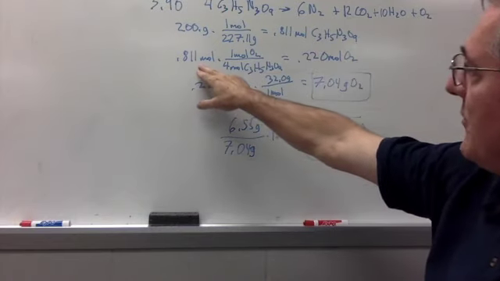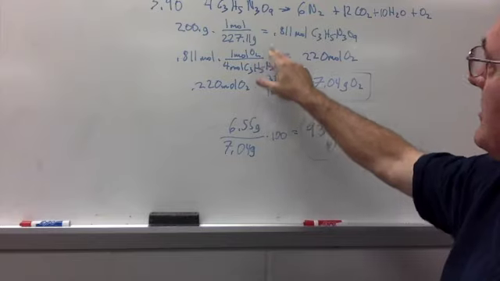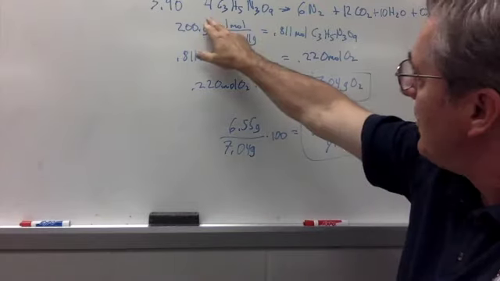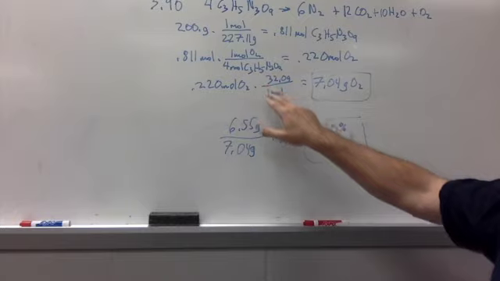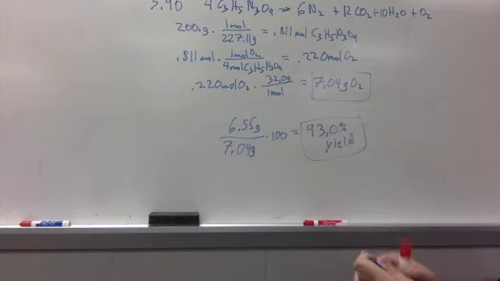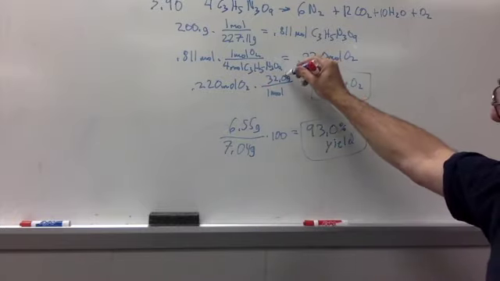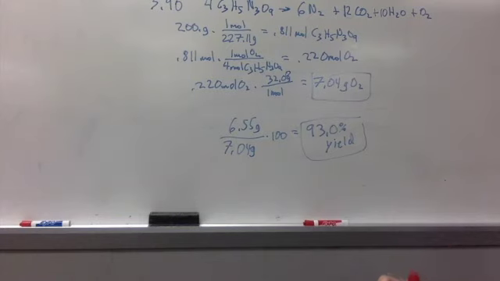Then change moles of nitroglycerin to moles of oxygen. That's a 1 to 4 ratio. So I get 0.22 moles of oxygen formed. 0.22 moles of oxygen, since O2 weighs 32.00 grams per mole, is 7.04 grams of oxygen is the theoretical amount that should be formed.